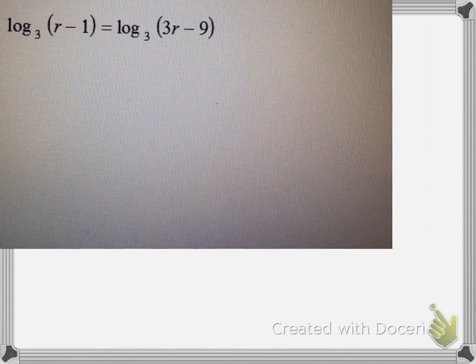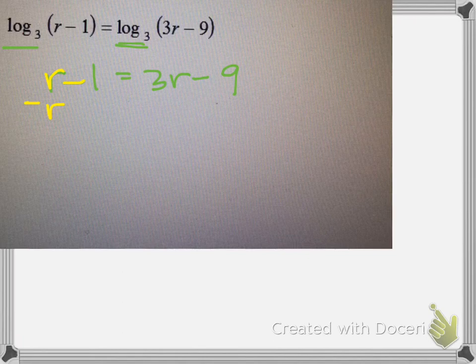When you see a problem like this, you go, oh, they have the same bases? That's awesome. I know they will just cancel if I put a 3 in front. So then I just get r minus 1 equals 3r minus 9, and I just do the algebra for that. Minus r from both sides.